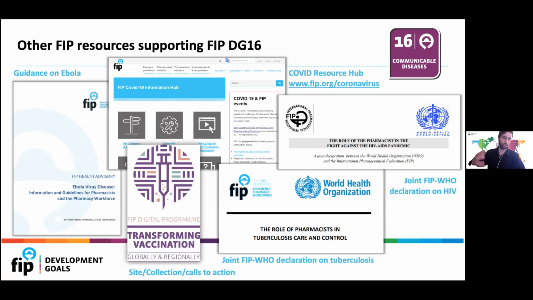So it's a separate section dedicated just to COVID-19. As Gonçalo also mentioned before, the Transforming Vaccination event that happened last year is also available in a separate microsite where you can find all the events and also the recordings for these events.